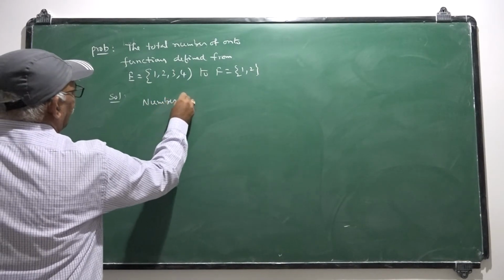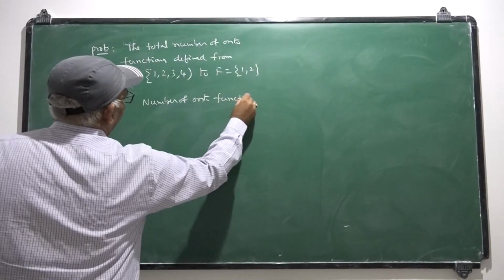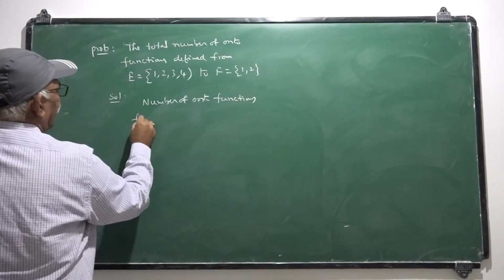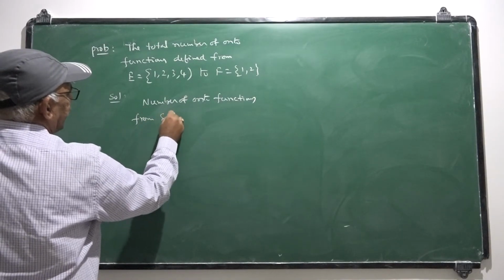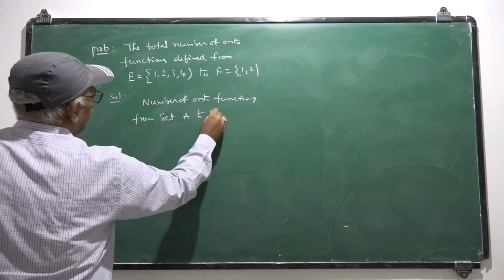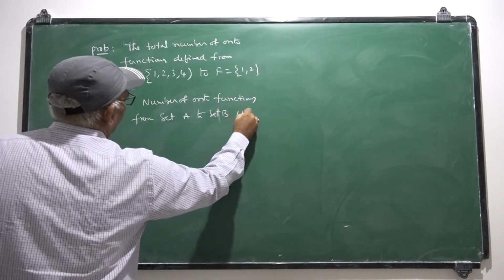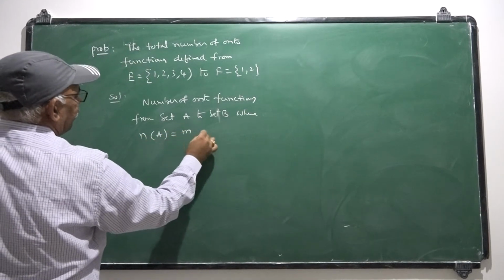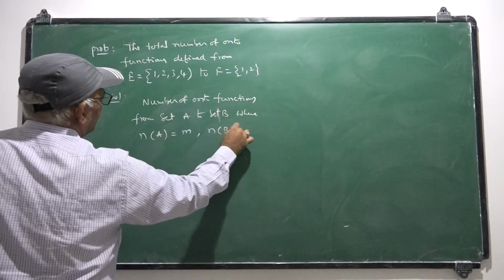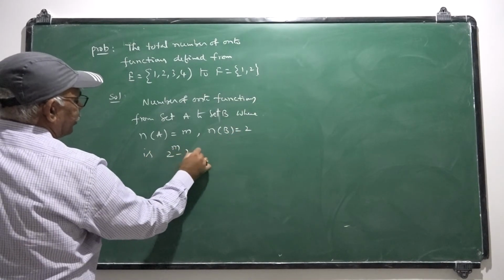Number of onto functions from set A to set B, where n of A equal to m and n of B equal to 2, is 2 power m minus 2.